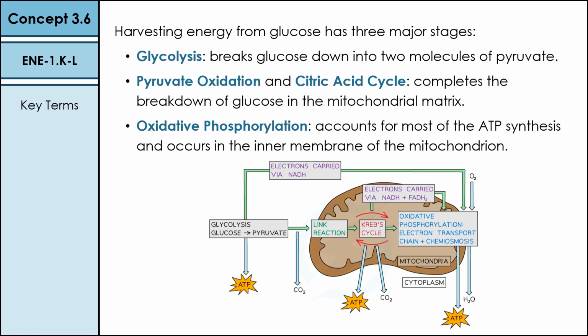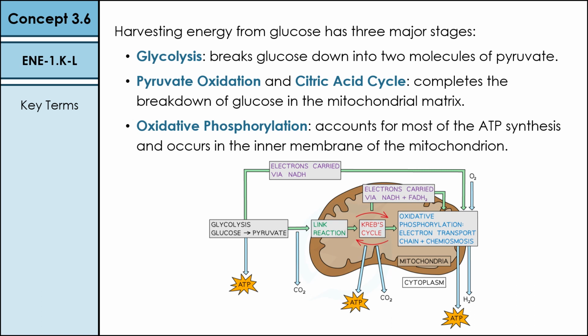Pyruvate or pyruvic acid needs to be broken down once more before it can really enter into the main process, the citric acid cycle, also known as the Krebs cycle. And so through pyruvate oxidation, we take this pyruvate and we modify it slightly. We attach it to a coenzyme and it's able to go into the Krebs cycle where we kind of turn the wheel a few times.